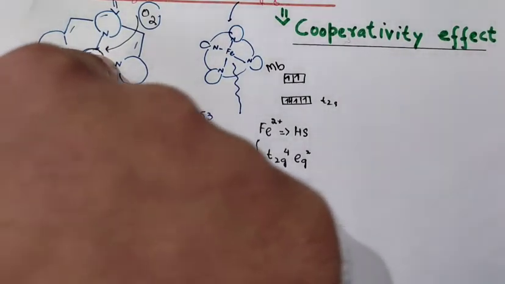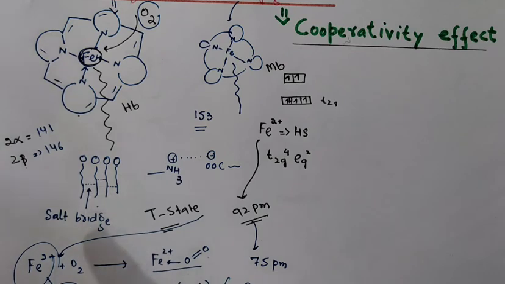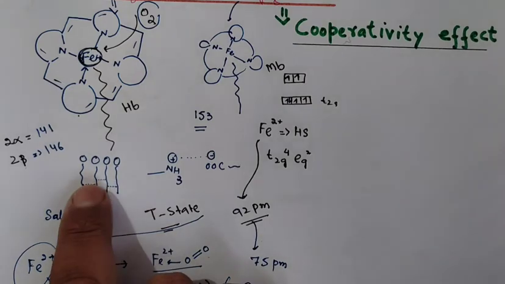Now we know that each iron is attached to the peptide chain, protein chain, and protein chains are bound together by those salt bridges.